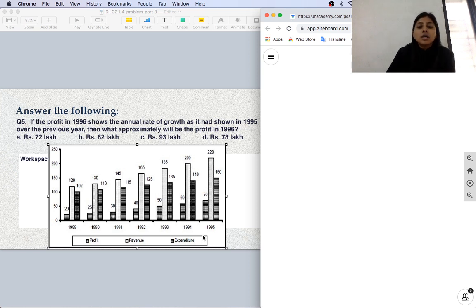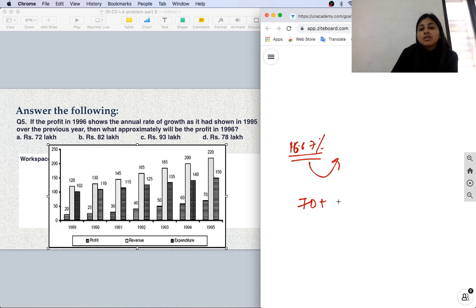Okay, so in 1995, as compared to previous year, how has the profit increased? It has increased by 16.67%, right? 10 by 60, 16.67%.